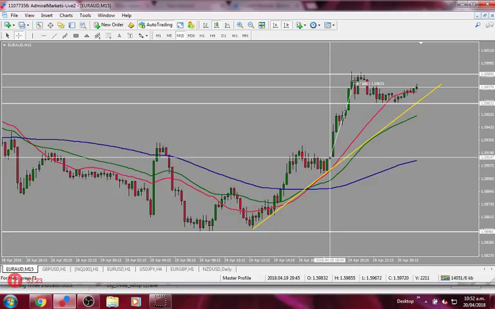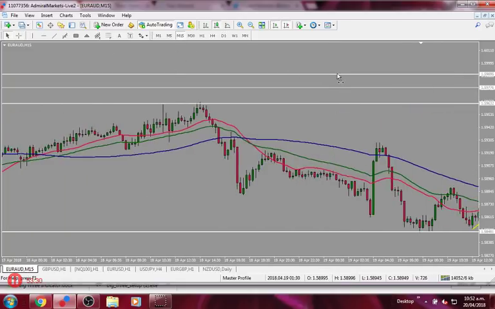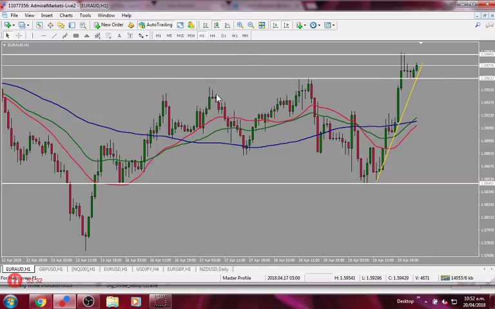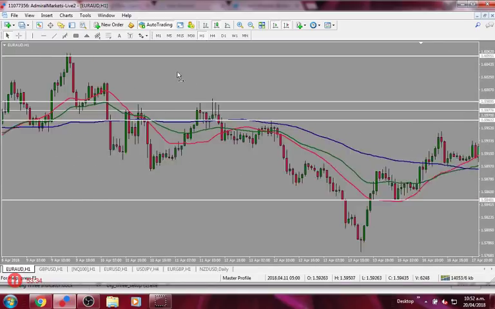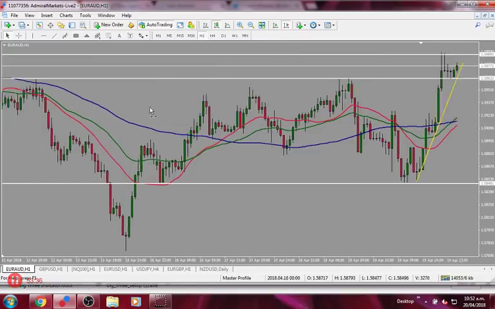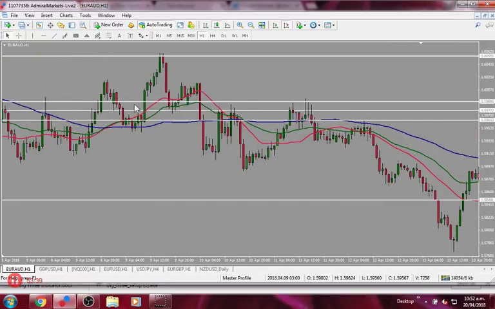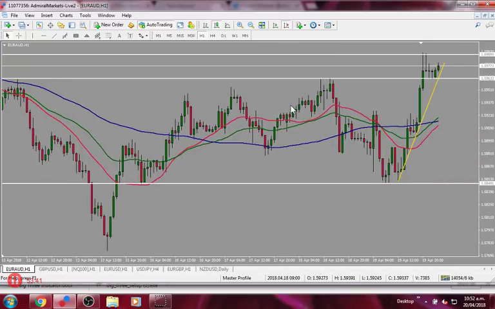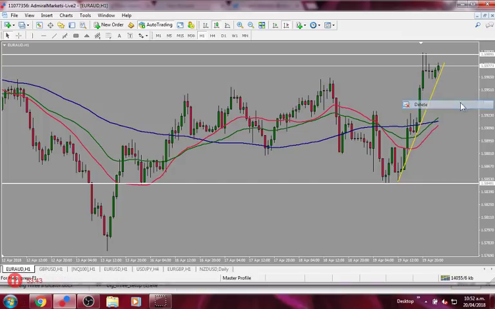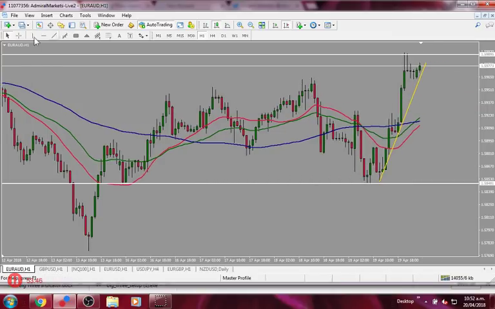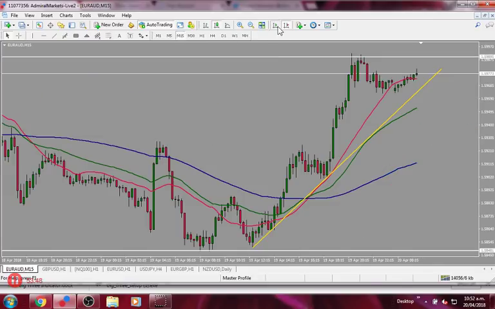So your target has to be at least that, and if not a bit more. So this previous resistance that I had marked out, based on these tops here. Let's get rid of this line briefly. So we can say this might have been the first target, and in this case it would have been okay.